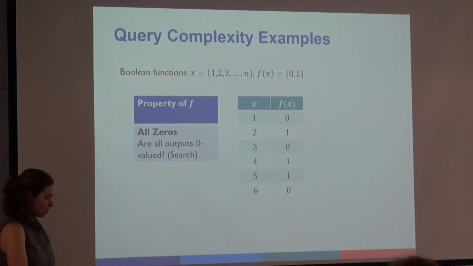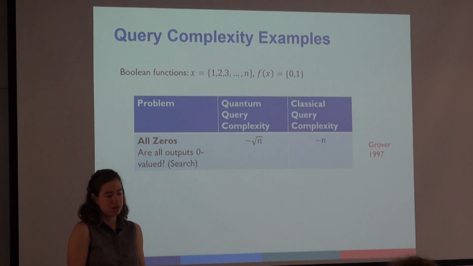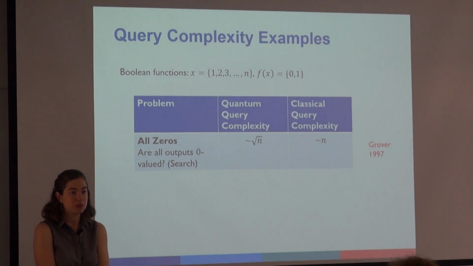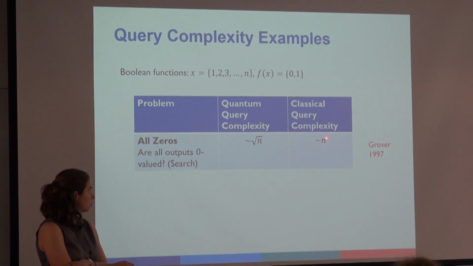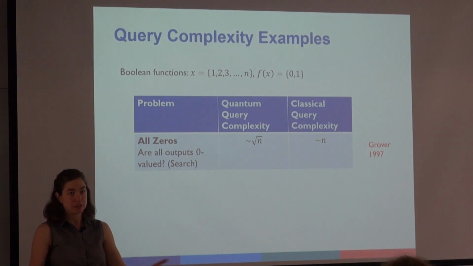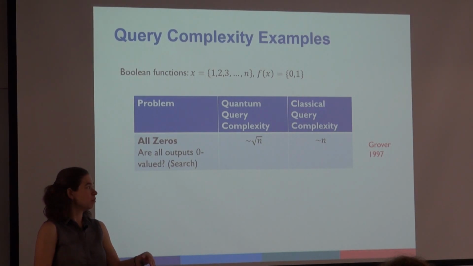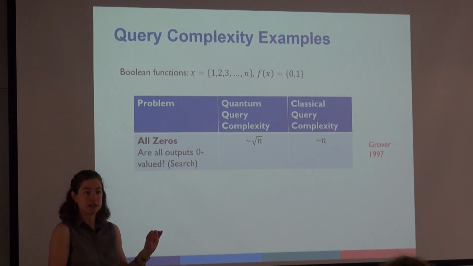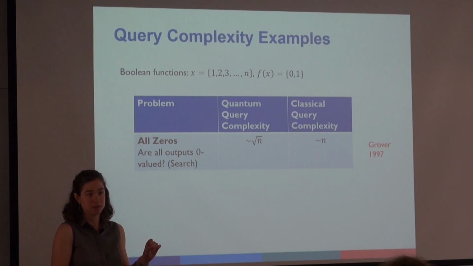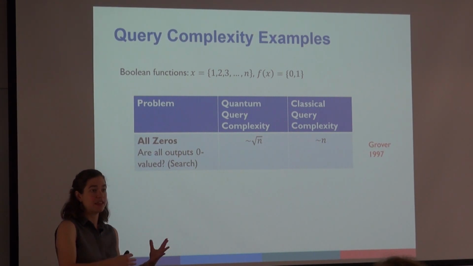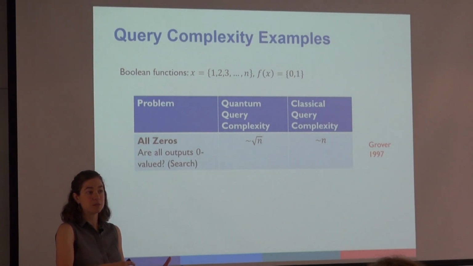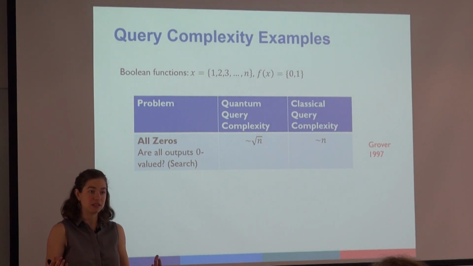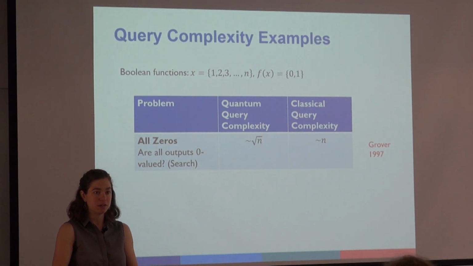In this case, we can compare how a quantum computer does and how a classical computer does. A classical computer has to use the box the full n times. But a quantum computer does a little bit better. It gets a square root speedup. So if you could find that item in 10 minutes on a quantum computer, it would take something like 100 minutes on your regular computer.